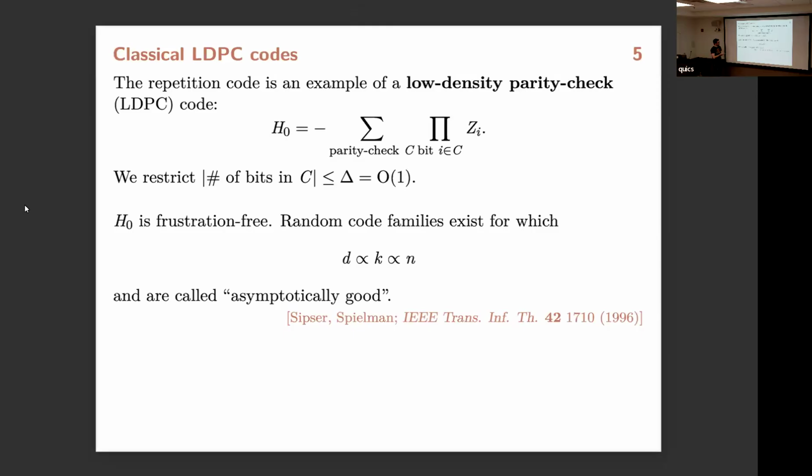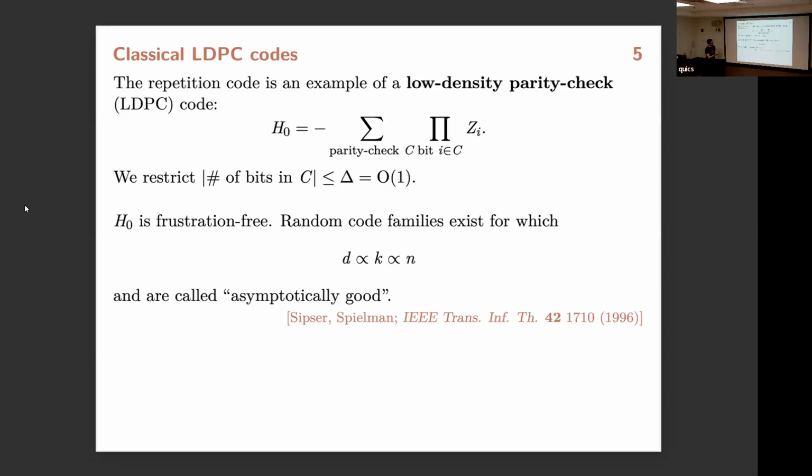What I won't justify at all, but will just state as a fact, is that it's fairly simple to build a family of random codes for which almost surely in the thermodynamic large n limit, the number of logical bits stored is proportional to n, but also the code distance is proportional to n.